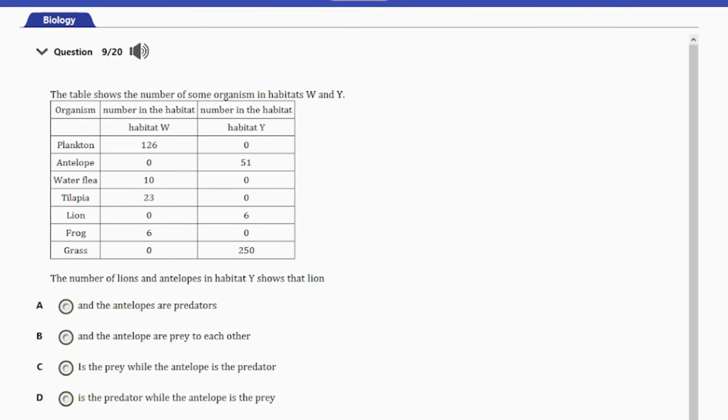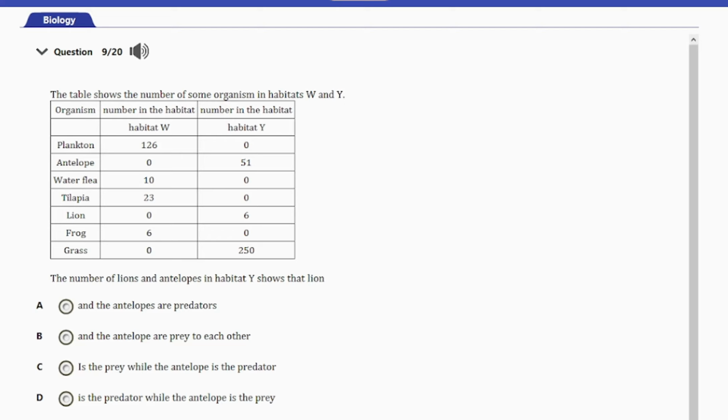Question number 9. The table shows the number of some organisms in habitats W and Y. The question says, the number of lions and antelopes in habitat Y shows that A, lions and antelopes are predators, B, lions and antelopes are prey to each other, C, the lion is the prey while the antelope is the predator, D, the lion is the predator while the antelope is the prey.